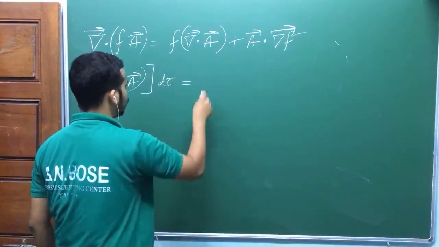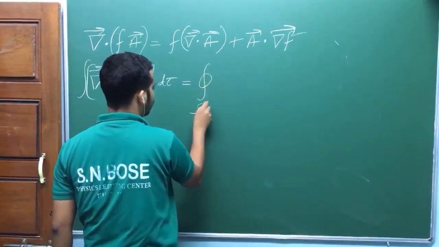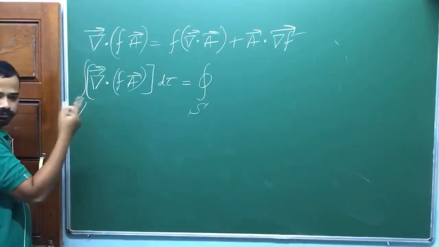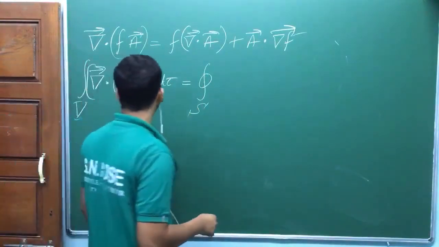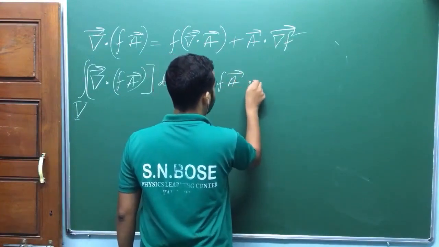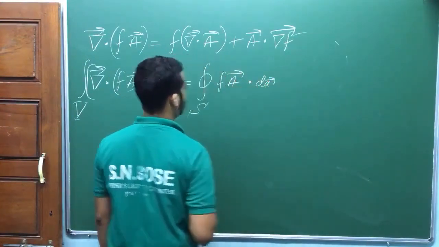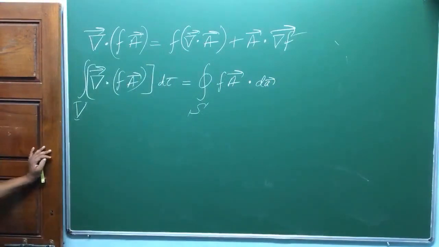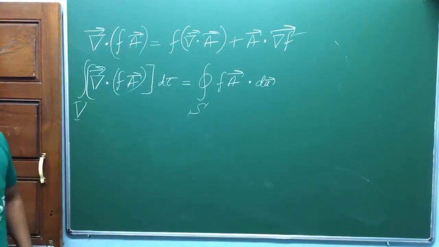That can be written as a closed surface integral, where the surface is the boundary of this volume, of F A vector dot dA vector. That's how we write the Gauss theorem, or the fundamental theorem of divergence.